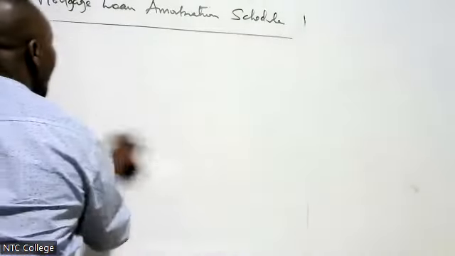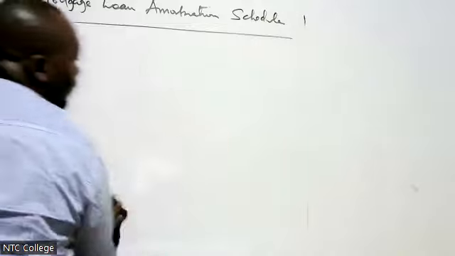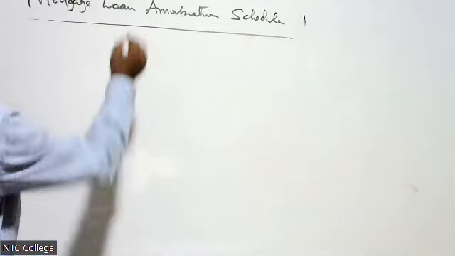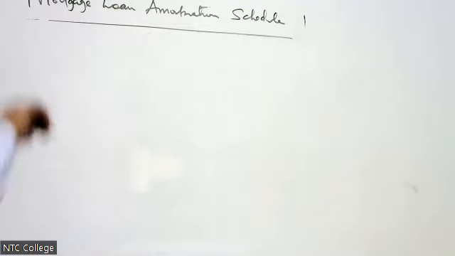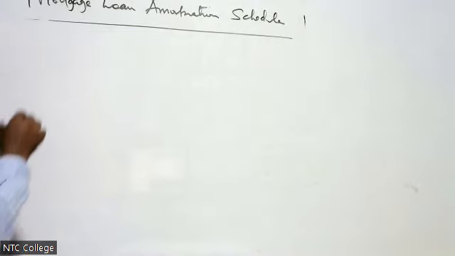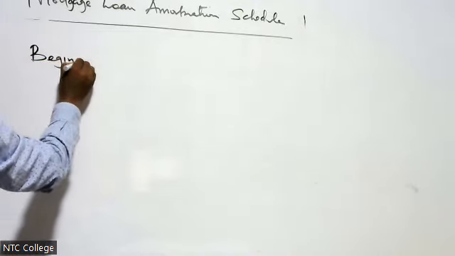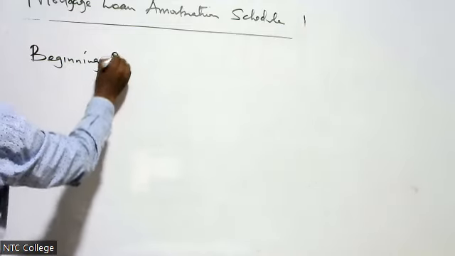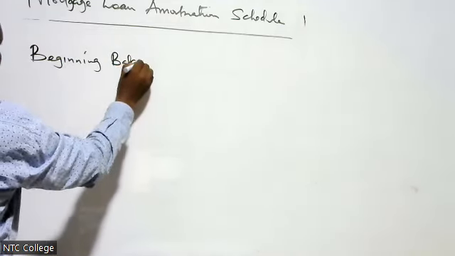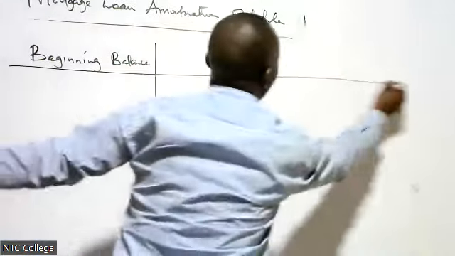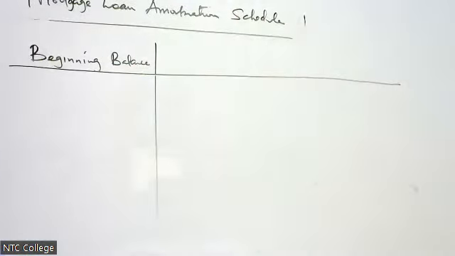Let's now prepare the schedule. So we normally have the loan that was taken. You can call it the beginning balance. That is the initial amount of loan that you took, beginning balance.